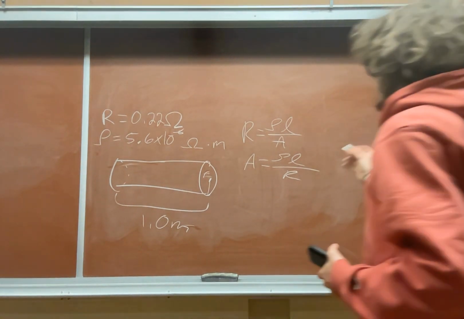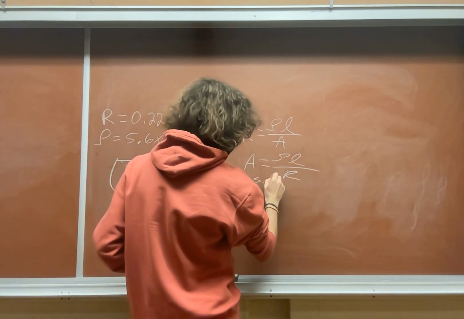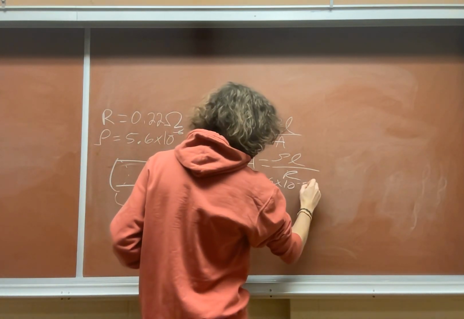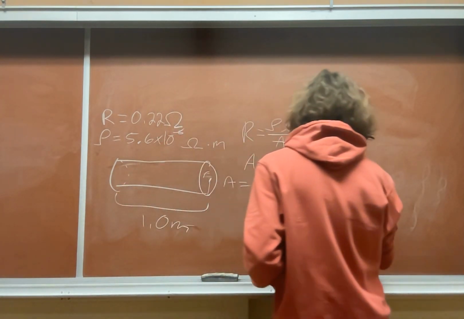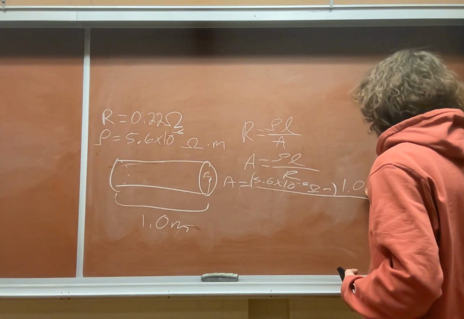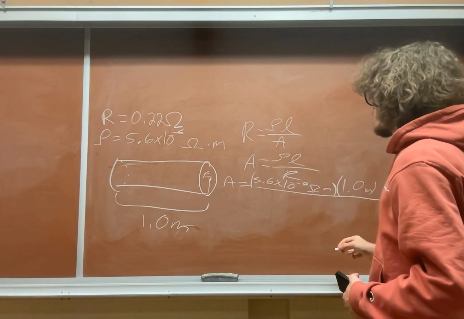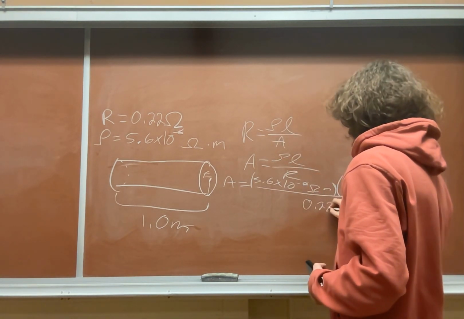We know that area is going to equal 5.6 times 10 to the negative 8 ohm meters times the length of the wire, which we found to be 1 meter, over the resistance, which in this case is 0.22 ohms.